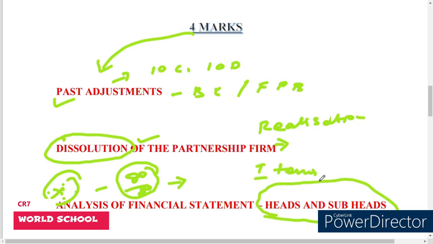Whatever items have been given, whether 8 items or 10 items, write these items. Then write the heading and subheading appropriately for everything. So this is the method, but many of you write only heading and subheading.